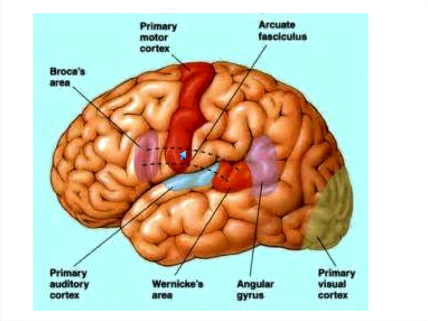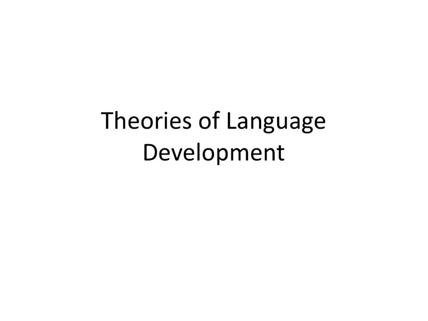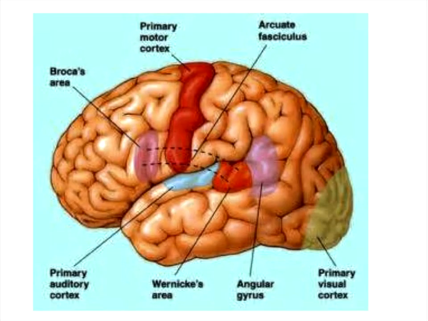Oh, Susan, I really don't know. It's the next PowerPoint up. It's called Theories of Language Development. My slides aren't numbered, so I can't tell you that. So it's whatever the next, language theories. Do you like PDFs?